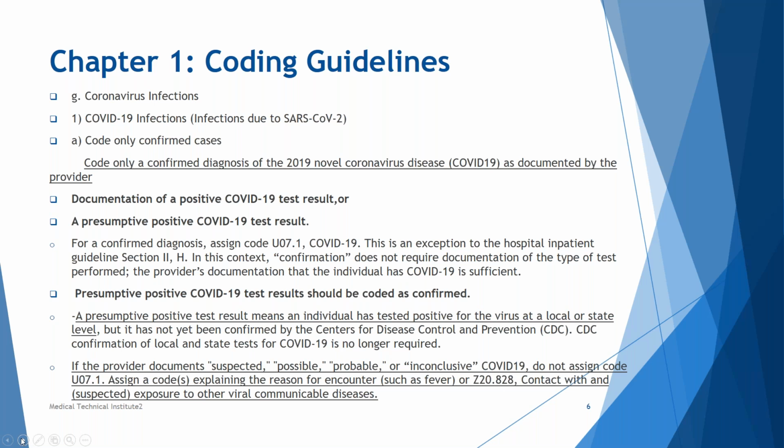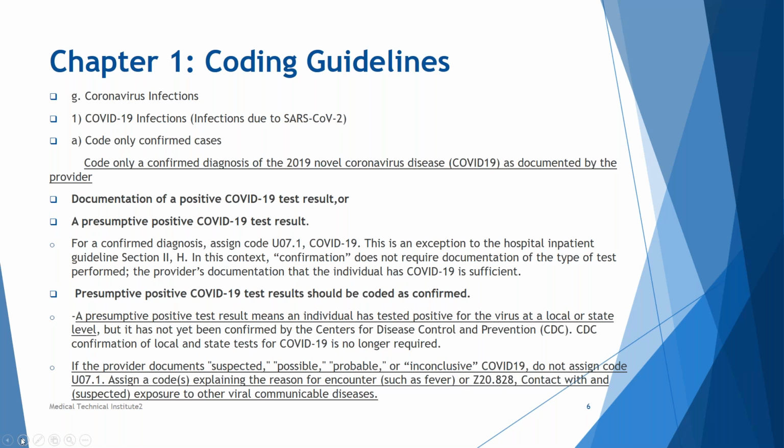And of course, we have our good old rule: if the provider documents suspected, possible, probable, or inconclusive, do not assign code U07.1. This follows our regular guidelines, and this is definitely for outpatient.